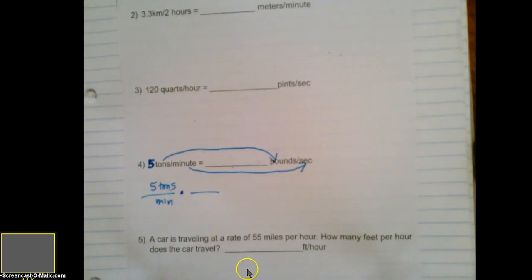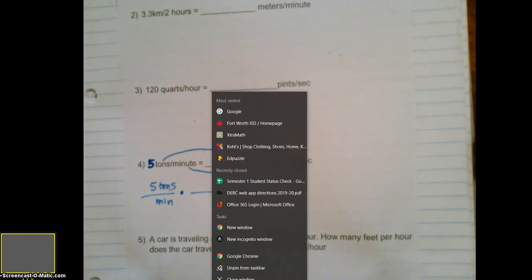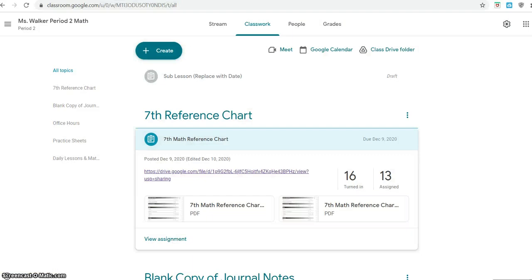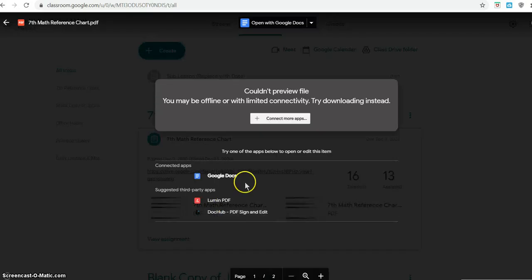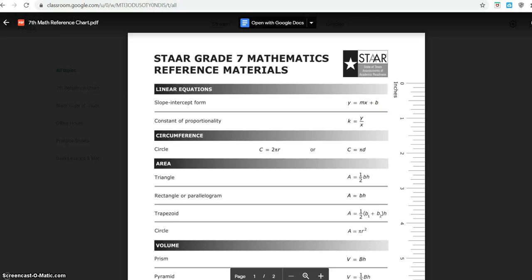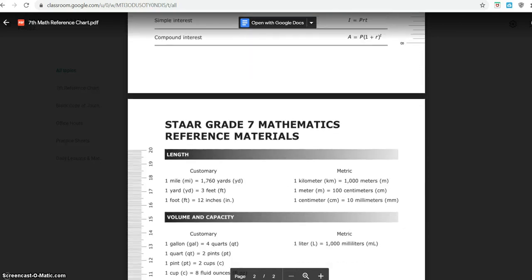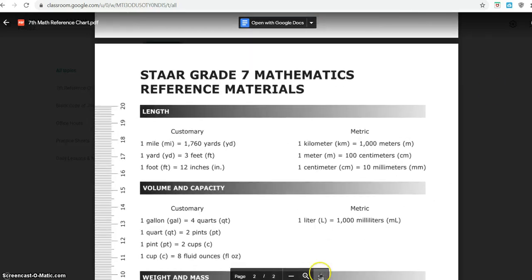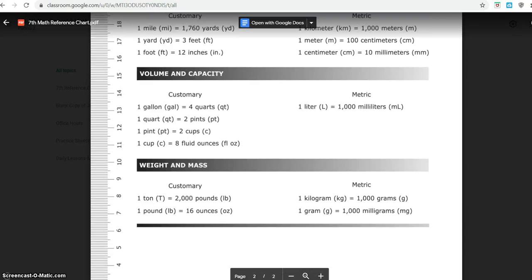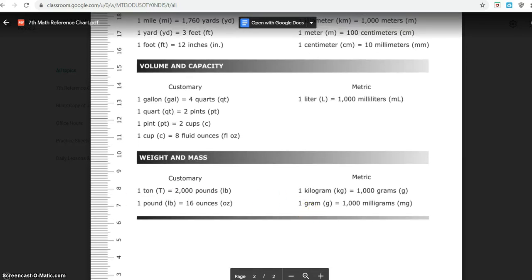Now I'm going to go back to my reference chart and scroll down, even though I remember what it was. 1 ton is 2,000 pounds.